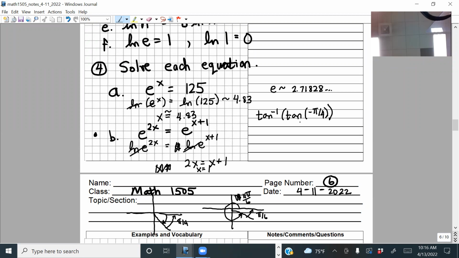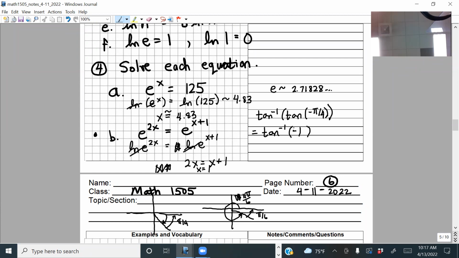So the tangent of minus pi over 4 is going to be minus the tangent of pi over 4. What is the tangent of pi over 4? Y'all are speaking so softly. Yes, it's 1. So the tangent of pi over 4 is 1, but we have to change the sign to minus because we're in the fourth quadrant.